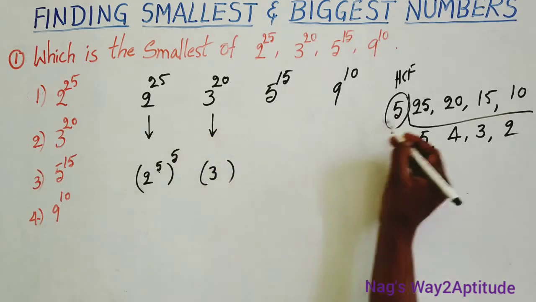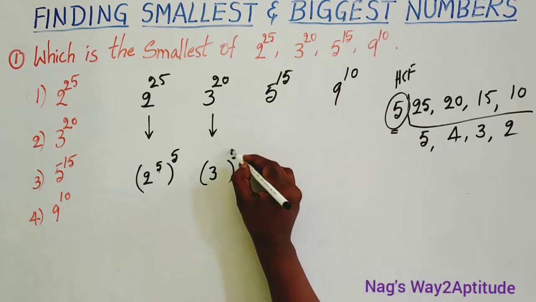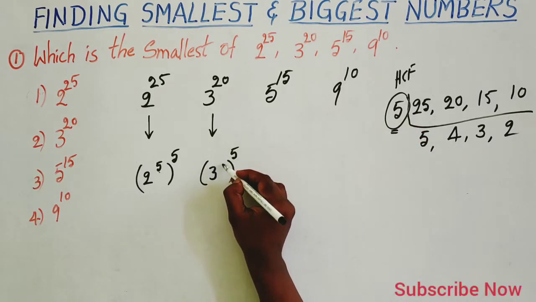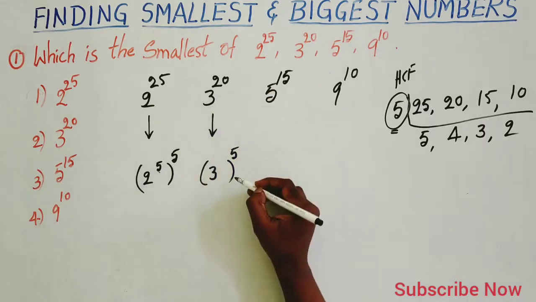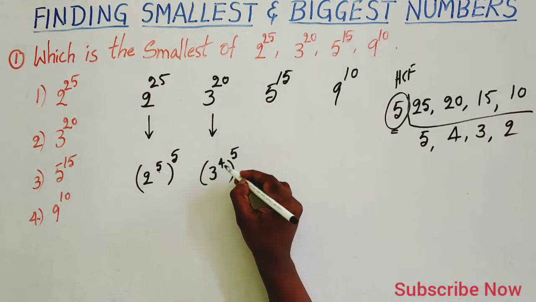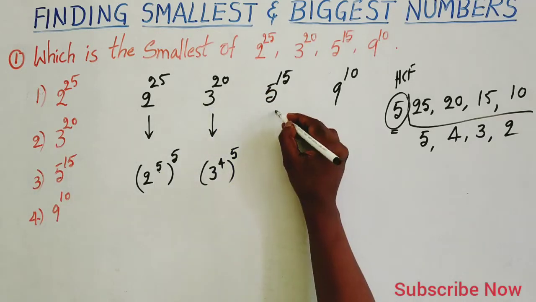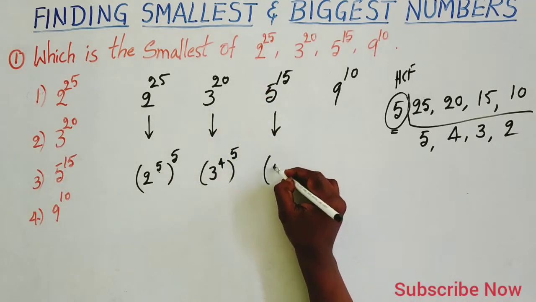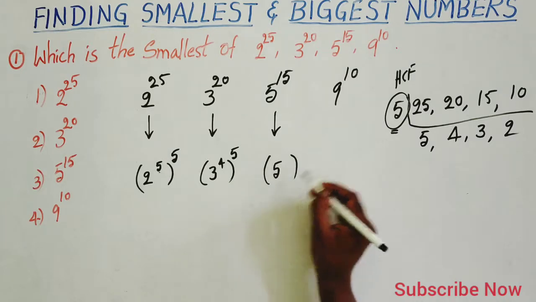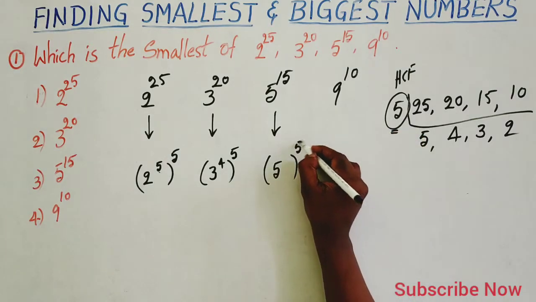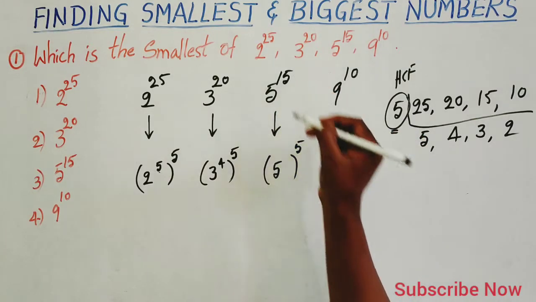In the same way, you write 3 power. What is the HCF? 5. Now what should be here to make it 3 power 20? If you write 4 here, 4 5s are 20, then it will become 3 power 20. Now you take 5 power, you write the HCF 5 here. Now we need 5 power 15.